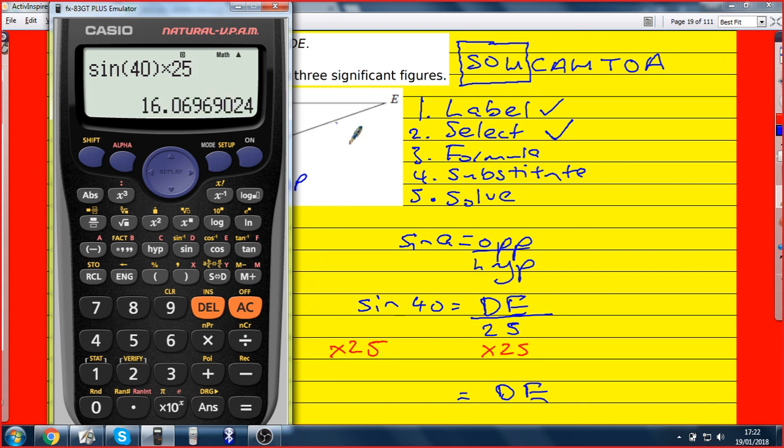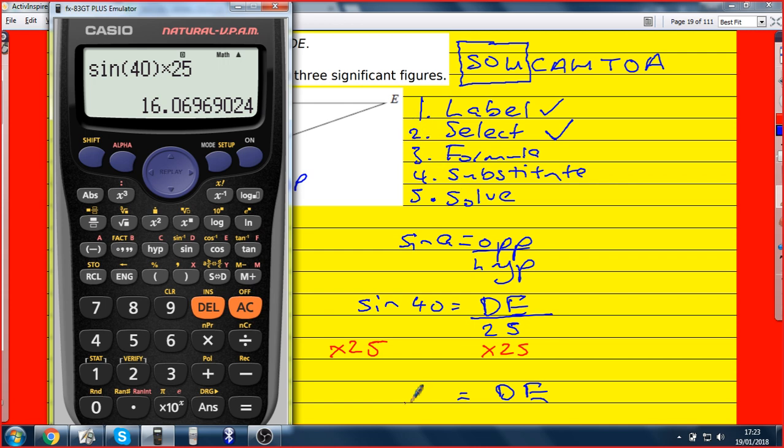Okay, to 3 significant figures. 16.069. That's 3 decimal places. 3 significant figures is like 3 digits, so like 1, 2, 3. 16.1.